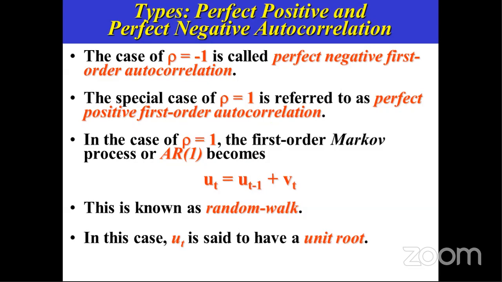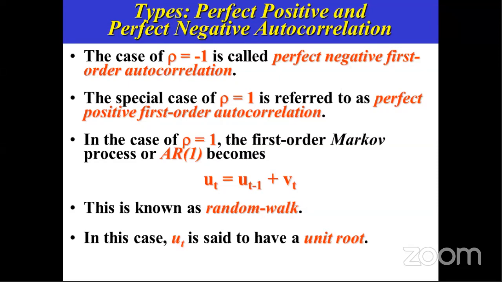Okay, so that is related to the types of autocorrelation. And related to the magnitude or the degree of the autocorrelation, you know that the correlation value always lies between -1 and +1. The same rule also holds good in case of autocorrelation. Hence the estimated value of rho from the autocorrelation function lies between -1 and +1. If rho is equal to -1, we call it a perfect negative first order autocorrelation.